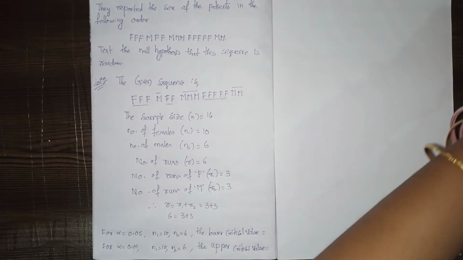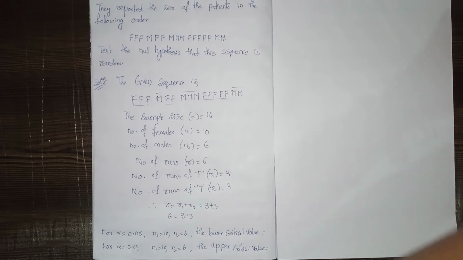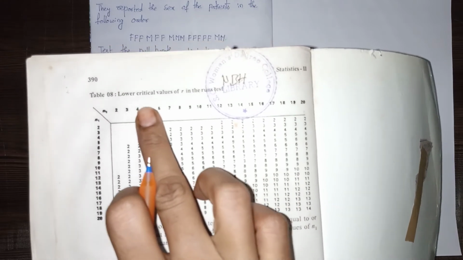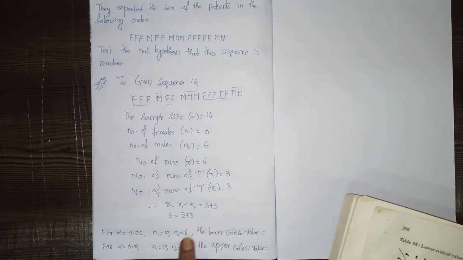So, we'll see. See here, n1 is 10. Now we are going to see the lower critical value. n1 value is 10 and n2 is 6, so in this table format n1 is 10 here and n2 is 6 here.